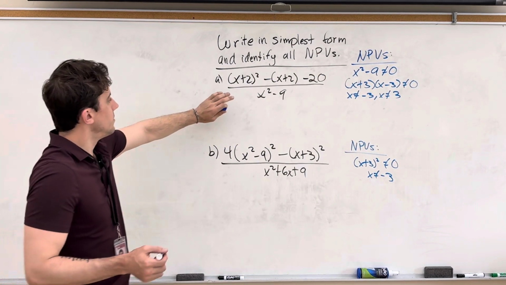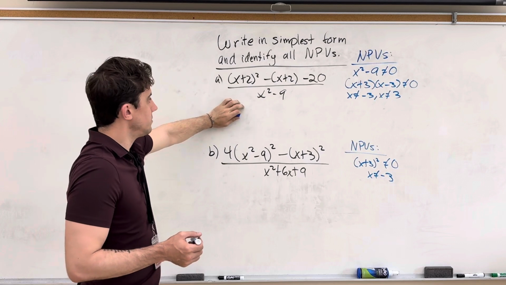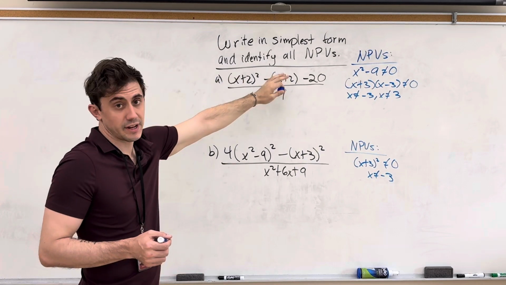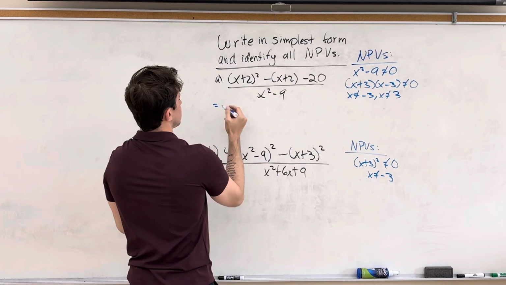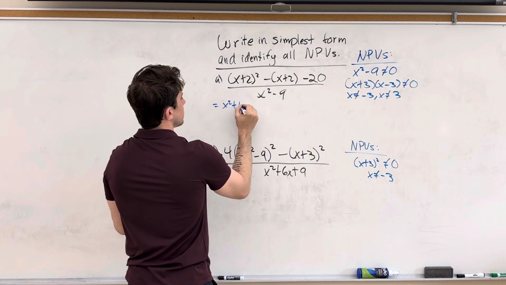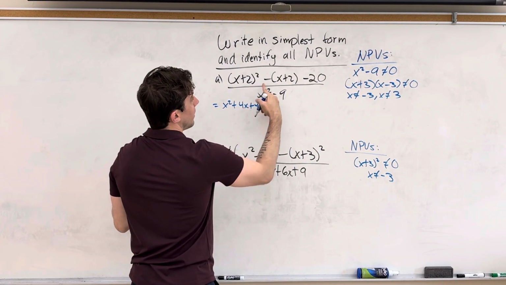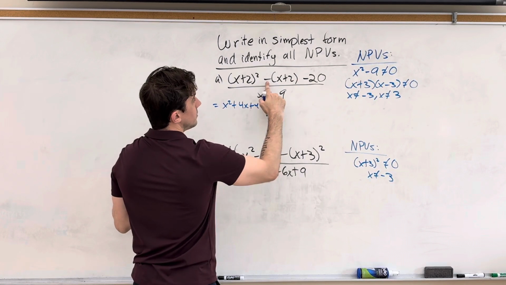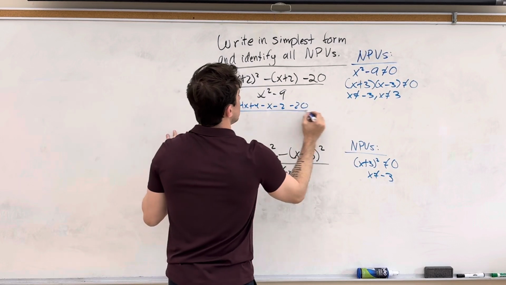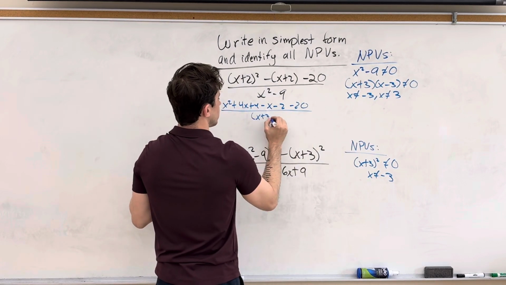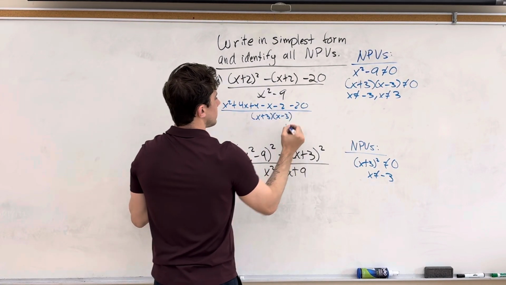So for simplifying this expression, let's expand the numerator and then group again and simplify. So x plus 2 all squared is x squared plus 4x plus 4 minus x minus 2, because we're subtracting everything inside the brackets, minus 20, all over, I'm going to factor our denominator, like so.